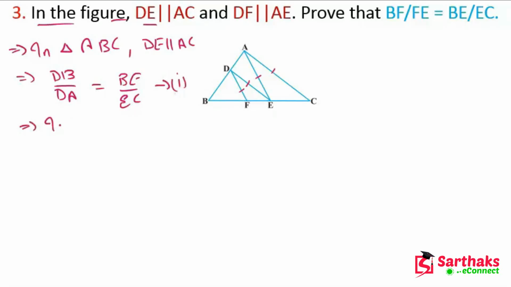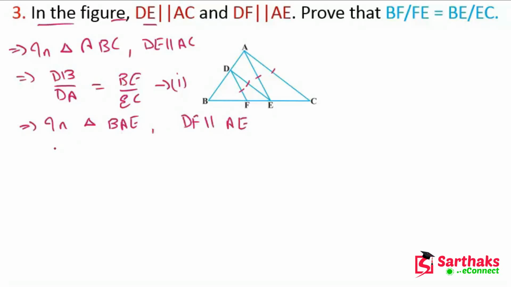Now in triangle BAE, we have DF parallel to AE.